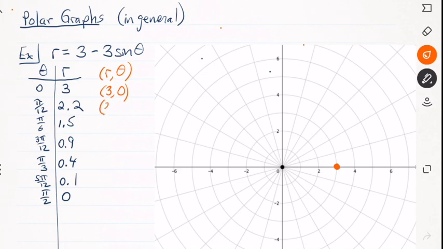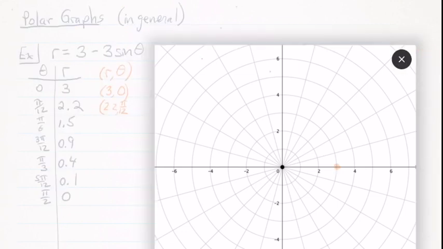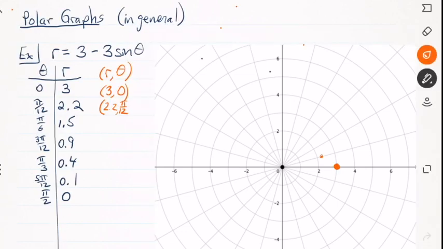The next coordinate is going to be (2.2, pi over 12). To get to pi over 12, that's this first angle, the terminal side of the angle. And we're going to go out 2.2, so about here. And then the next coordinate would be (1.5, pi over 6), which would be along this terminal side here. We're going 1.5, so this is 1.5 right here.